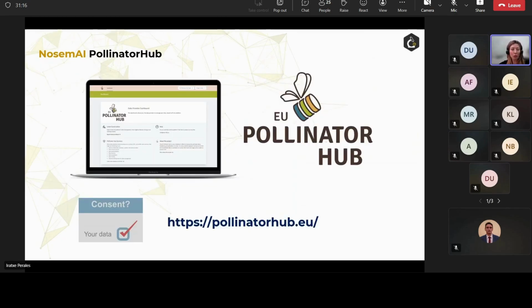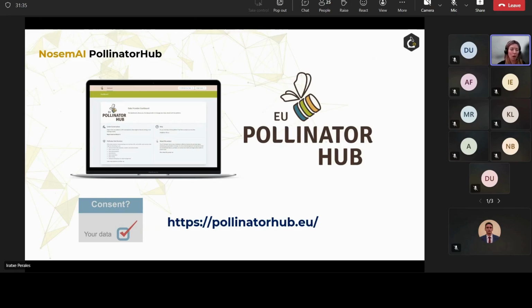And now we are working with the Pollinator Hub. Everybody that uses our system, if they consent to transfer not their data but their results, the system could be integrated with the hub.